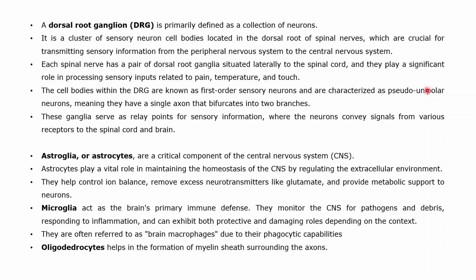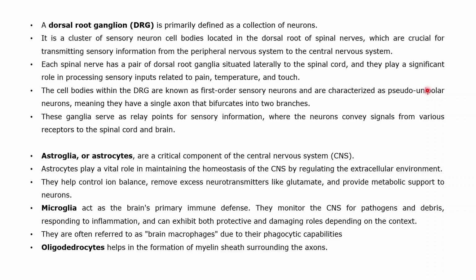A unipolar neuron consists of a single axon arising from a single cell body. If it has two different axons arising from two different points of the cell body, it is called a bipolar neuron. If it has many axons arising from different points, it is called a multipolar neuron. So what is a pseudo-unipolar neuron?